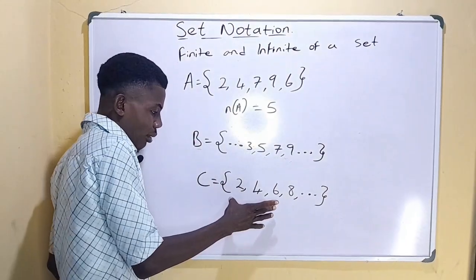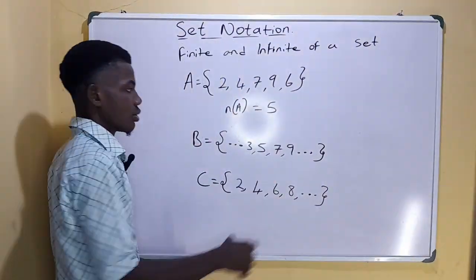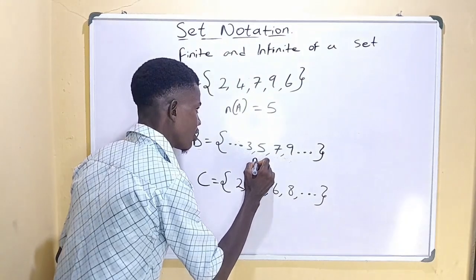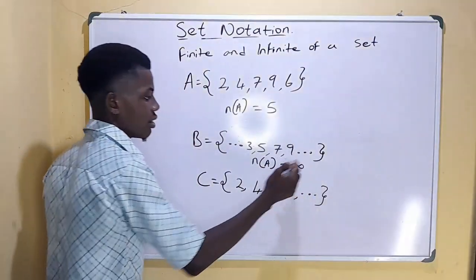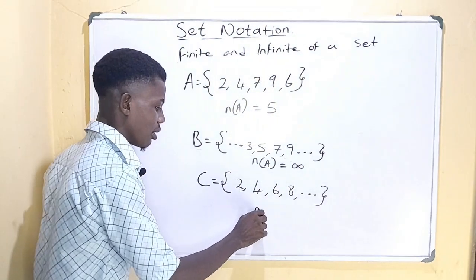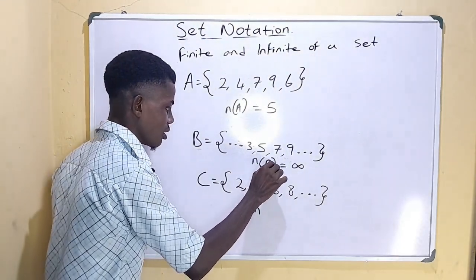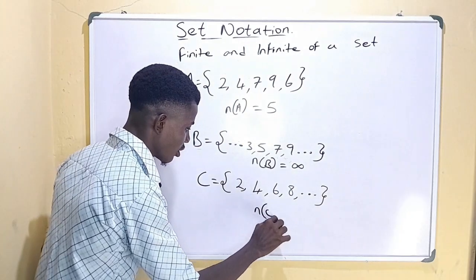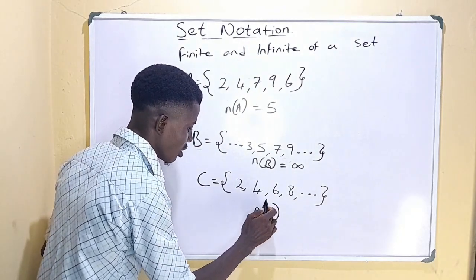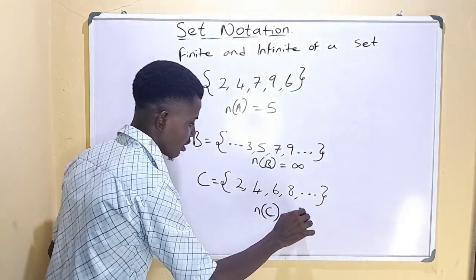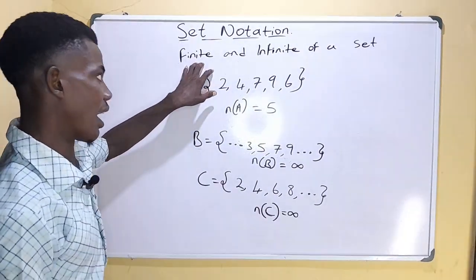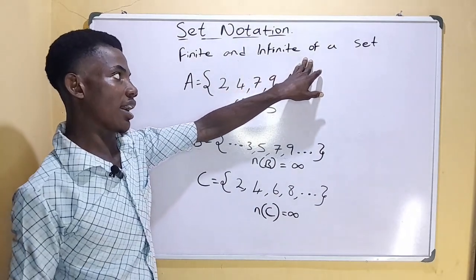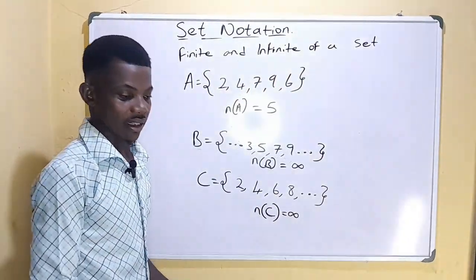So you cannot state the cardinality of these two sets. Even if you ask the cardinality of the set, the cardinality is infinity, that is uncountable. Sorry, this is not A, it's B. So the cardinality of this C is also infinity, it is uncountable. This is all about finite and infinite sets.